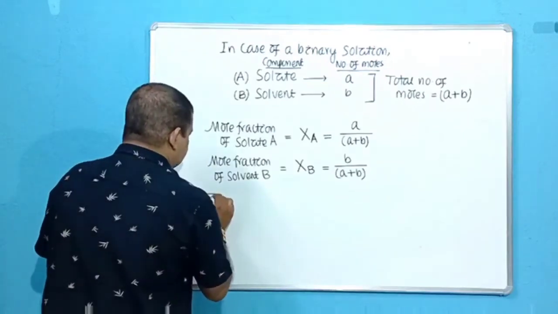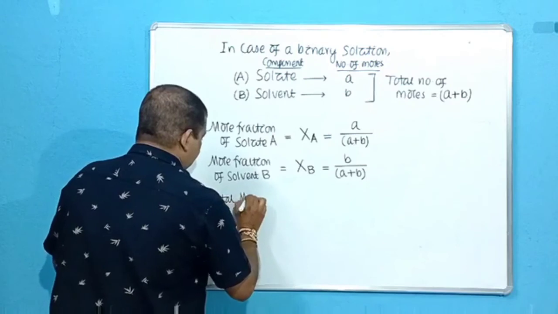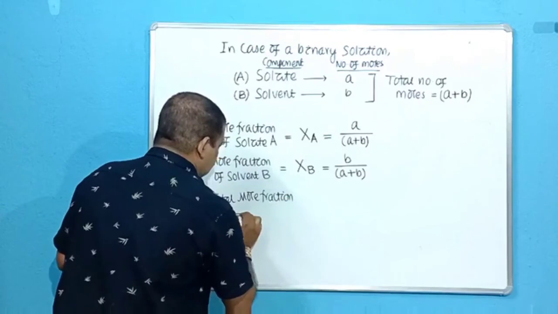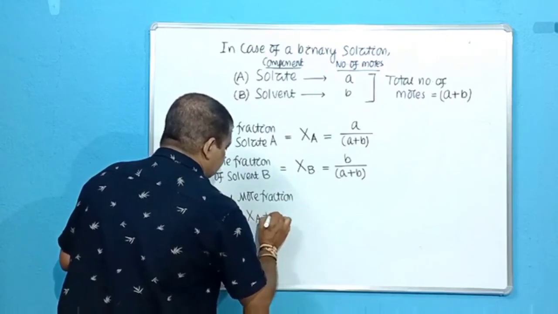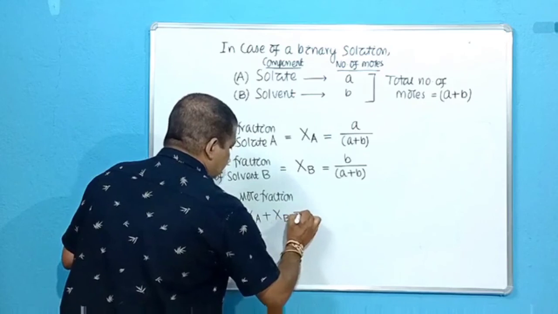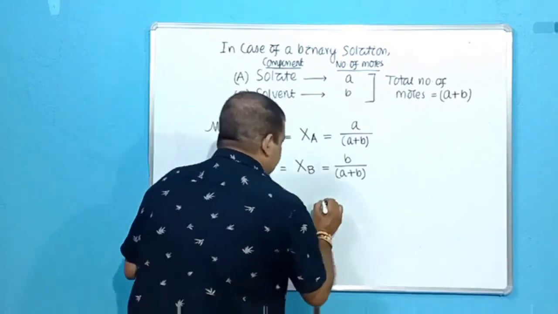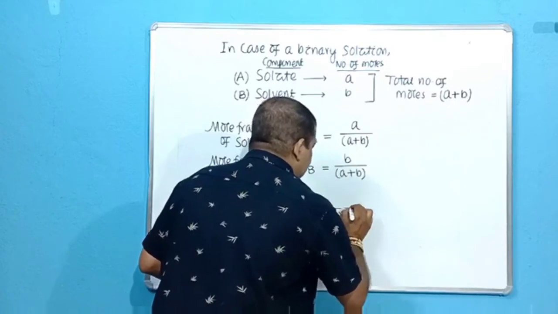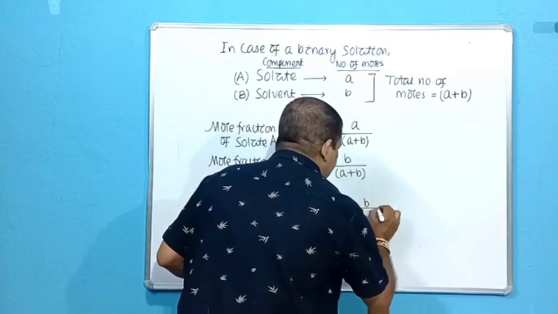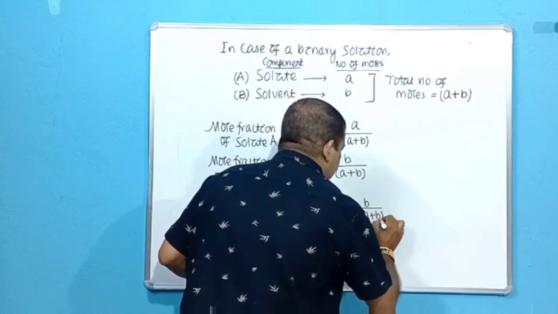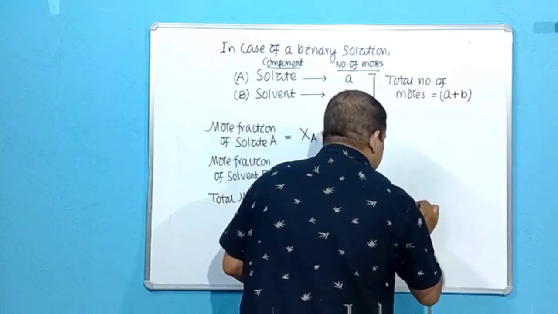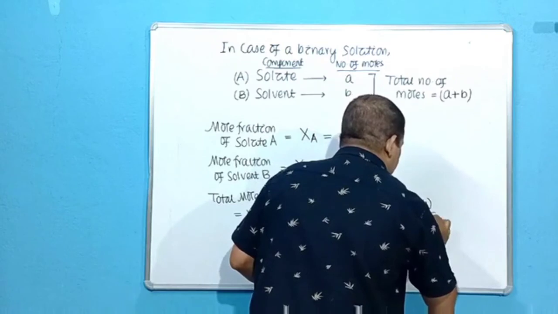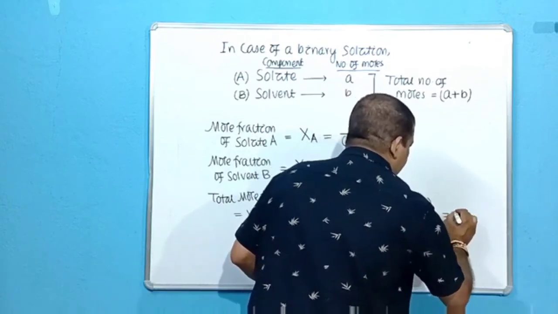Okay. So the total mole fraction means XA plus XB. Now XA is A by A plus B. Similarly, XB is equal to B by A plus B. That means it will be A plus B by A plus B, which will cancel out and be equal to 1.